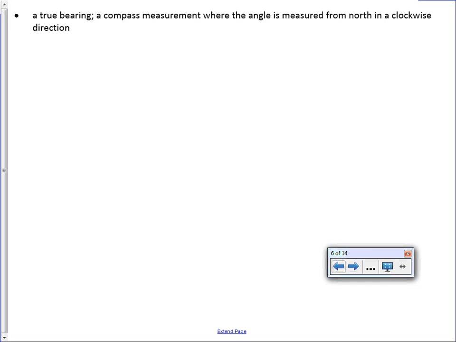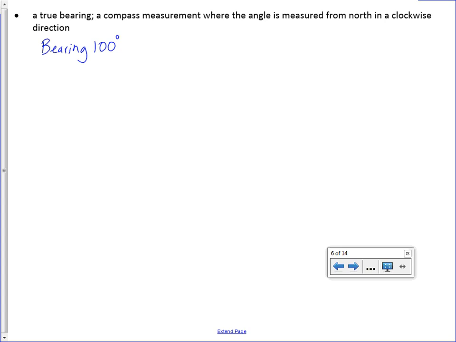So a true bearing is a compass measurement where the angle is measured from north in a clockwise direction. For example, if I said draw me a vector with a bearing of 100 degrees.